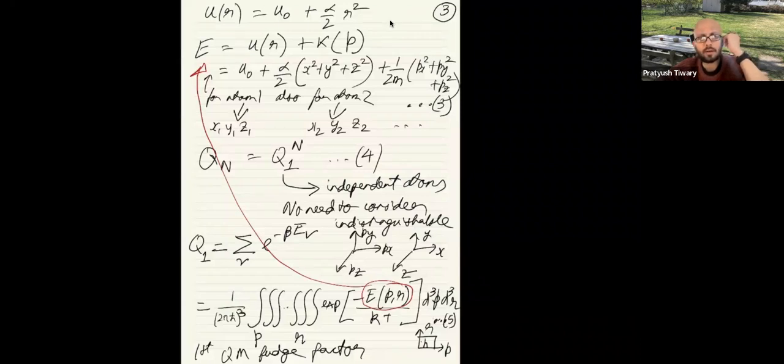If you're counting microstates in phase space, you have to divide by 2 pi h cut whole cube. But nothing to worry about because we are not interested in Q. We are interested in log of Q. It will just go away. We rarely care about the magnitude of Q. We basically care about log of Q, and furthermore, we differentiate it with things. So it's not an issue.